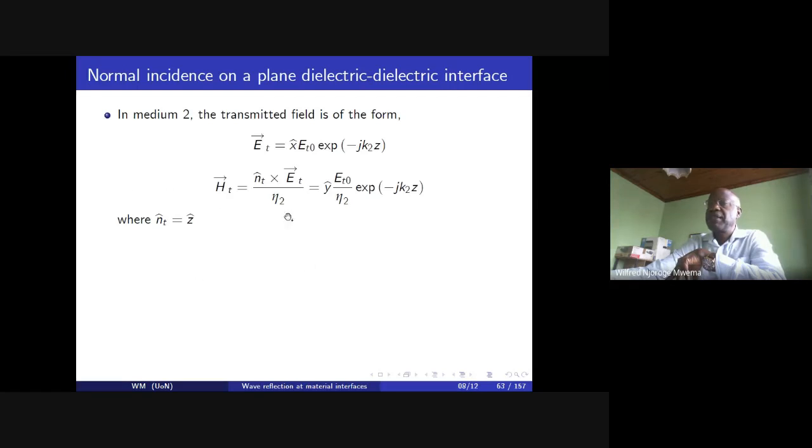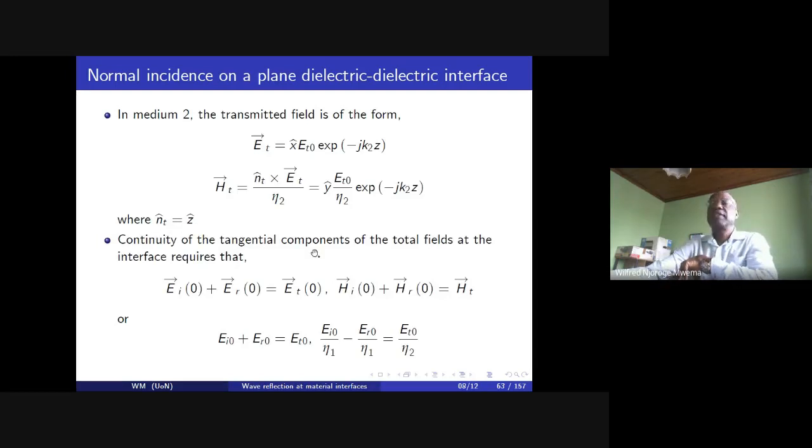Usually when you are given this in a problem to solve, you will be credited for writing down the equations that you are going to be dealing with. What you need to notice is that since we are dealing with medium 2, it has a different wave number, K2, where K2 is, of course, omega root mu 2 epsilon 2, just like we have seen for the unbounded medium. And again, the direction vector for the transmitted wave is also in the direction of z cap.